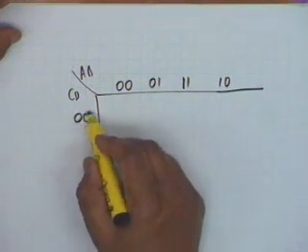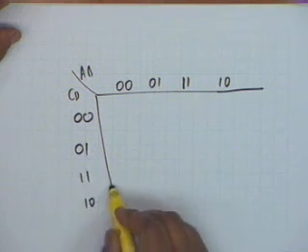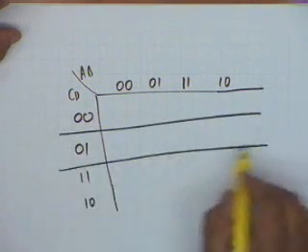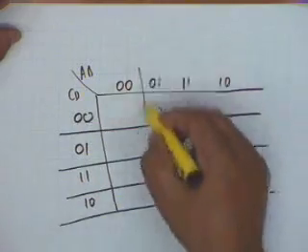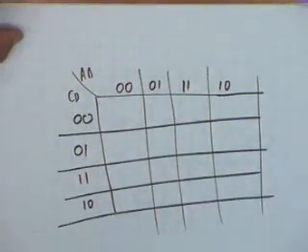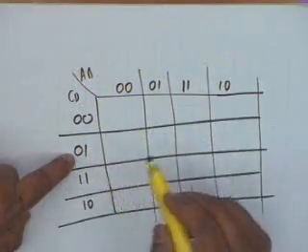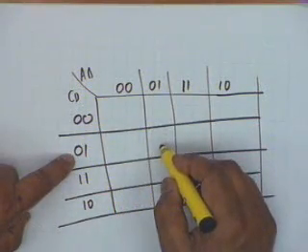In a similar manner, 0 0, 0 1, 1 1, 1 0, and you shall have, okay, how many positions? 1 2 3, 16 positions. Okay. And from the truth table, you find out which combinations are 1. For example, 0 1 0 1. Is it 1? If it is 1, then write 1 here.